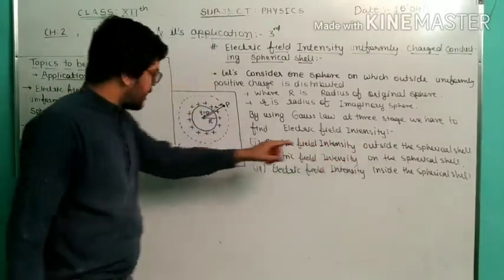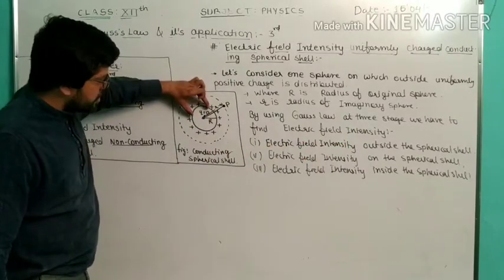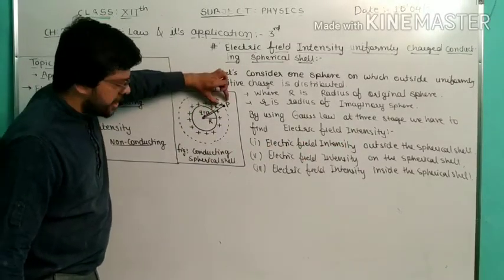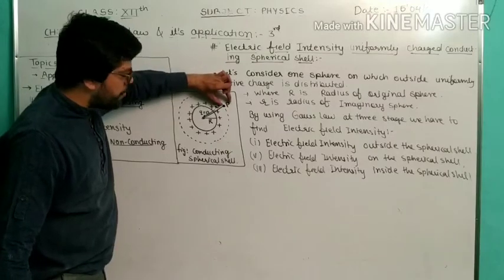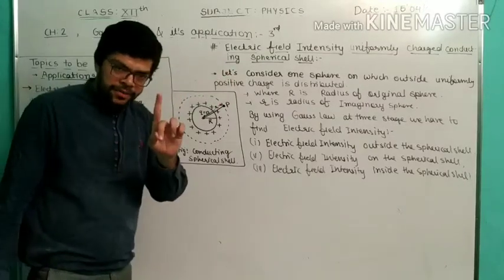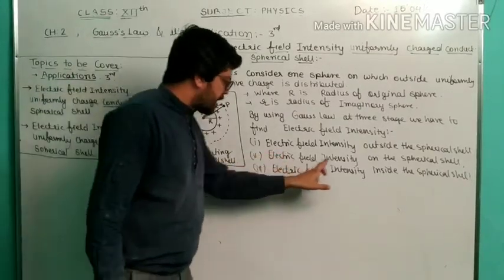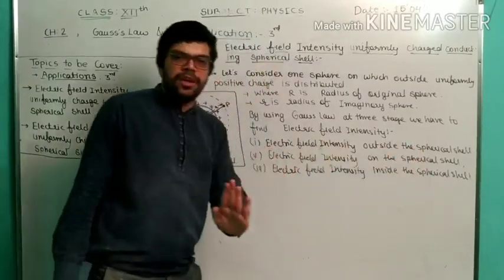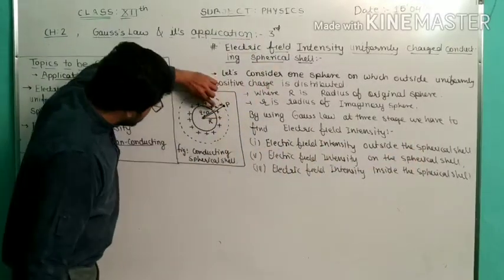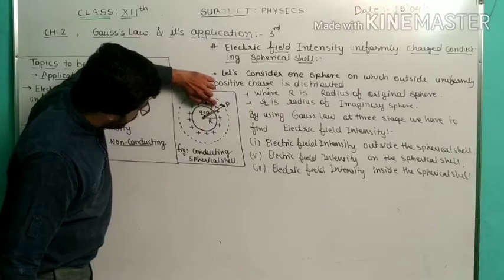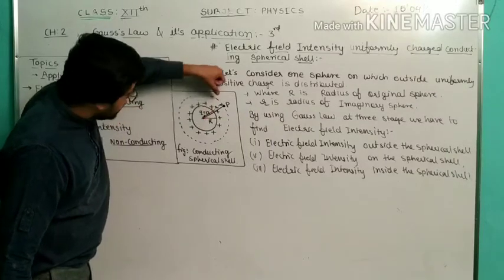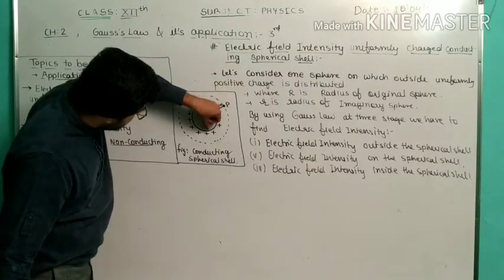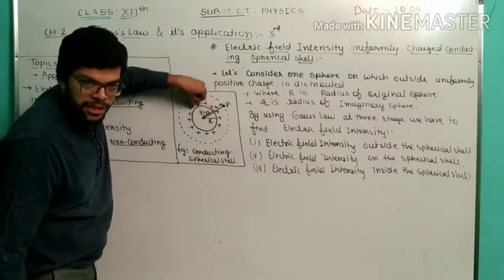For outside, this is the diagram: the original sphere, and outside of it at point P we have to find the electric field. That is the first condition. Second, electric field intensity on the spherical shell means small r becomes capital R, so small r equals capital R, and the point lies on the original sphere.